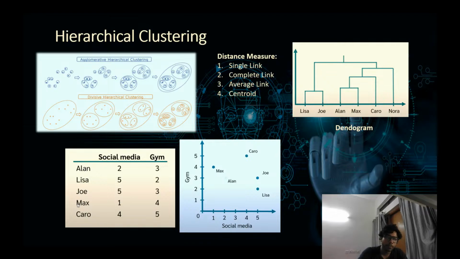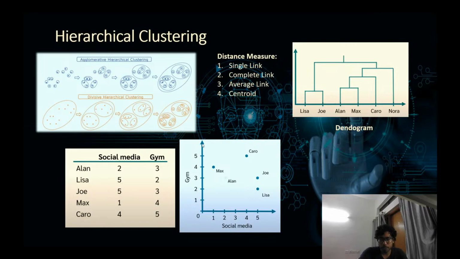So let's say you have this data of these 5 persons, right? This is the data of how many hours this person spends in social media, and how many hours this person spends in gym. So Alan spends 2 hours in social media and 3 hours in gym, and so on for the other people.